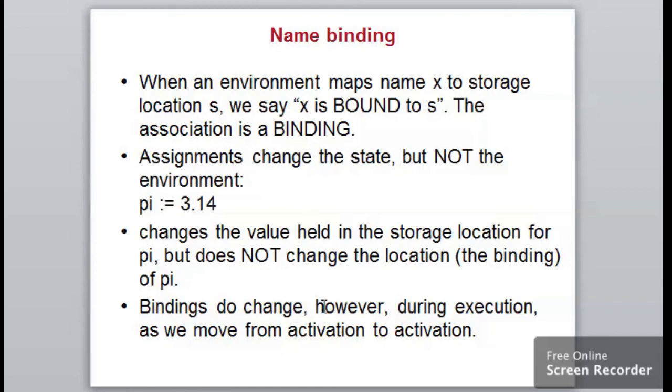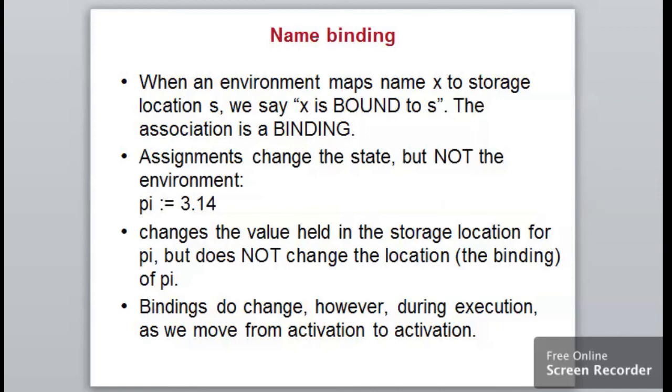Bindings do change, however, during the execution as we move from activation to activation. So once we are moving from an activation to another activation, the bindings may change, but if I take a name X with its storage location, only the state is going to change.